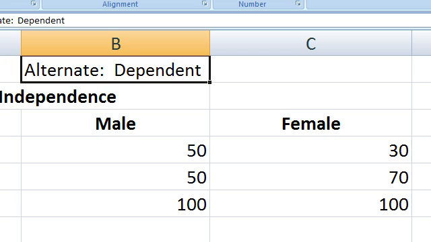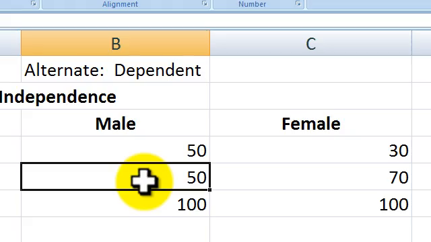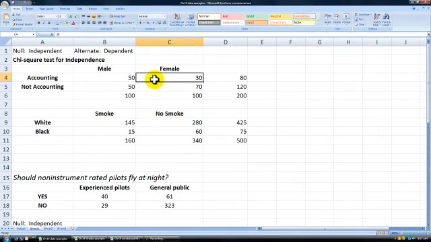And I have this information about how many males are accounting majors, how many males are not, how many females are accounting majors, and how many females are not. That's really all the information I need. I don't need these totals here, but if you remember from before, that can come in handy if you're looking for probabilities.